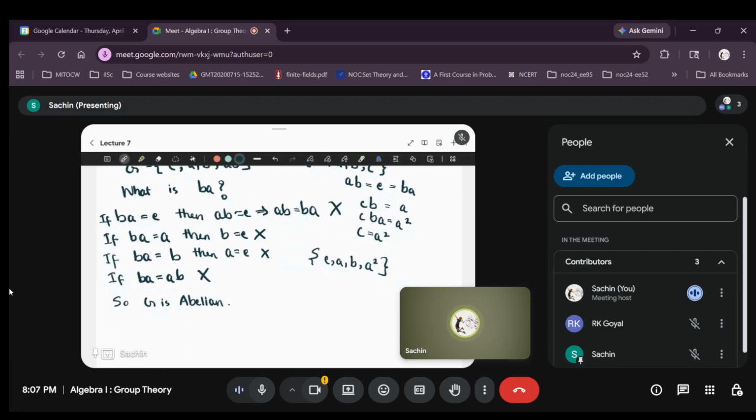Then what would happen is, what is B times A square? It is nothing but BA times A. But BA was equal to E. So this is E times A, so this is equal to A.